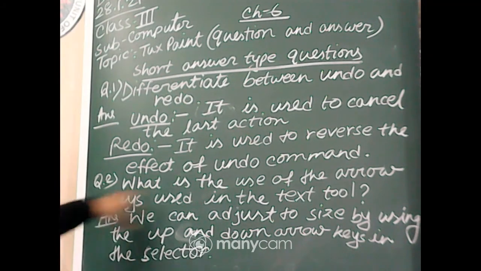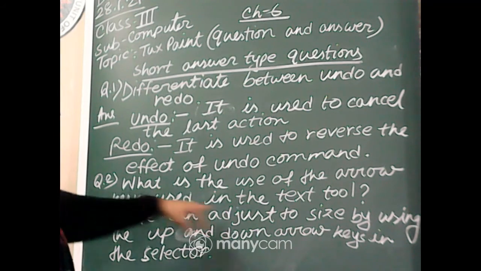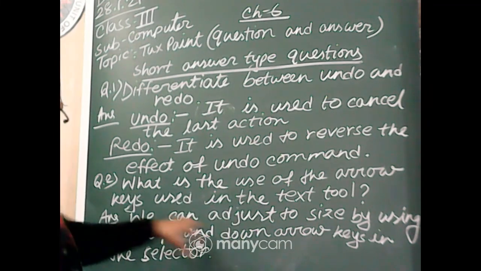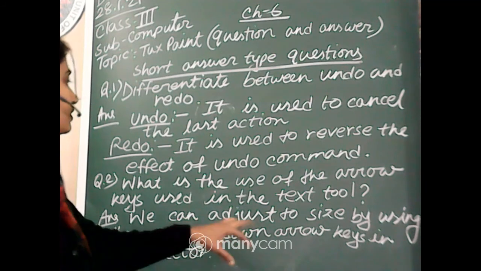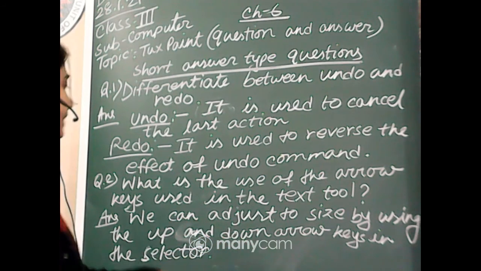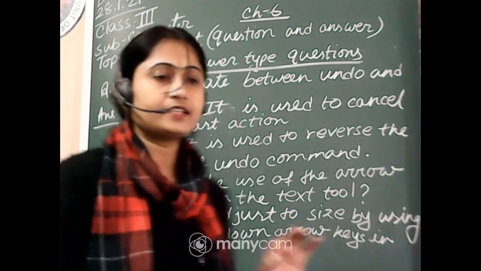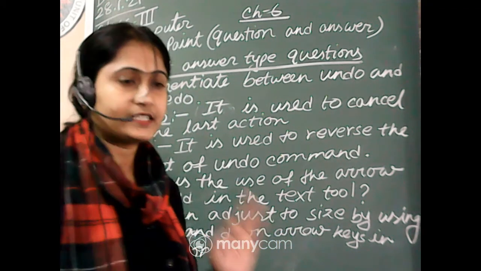What is the use of the arrow keys used in the text tool? We can adjust the size by using the up and down arrow keys in the selector. We can adjust the size of the letter. Text tool means letter. Okay.